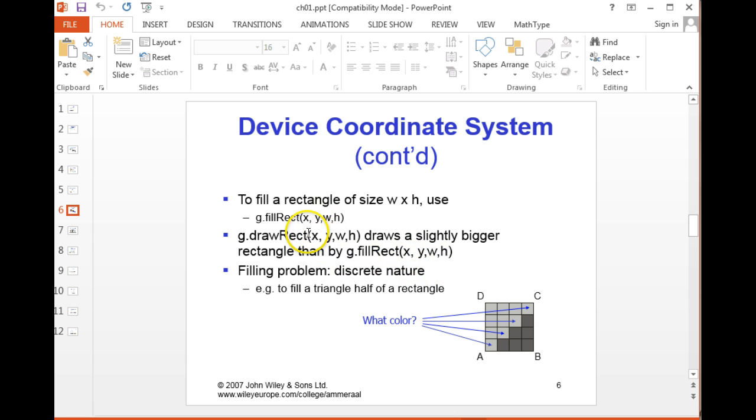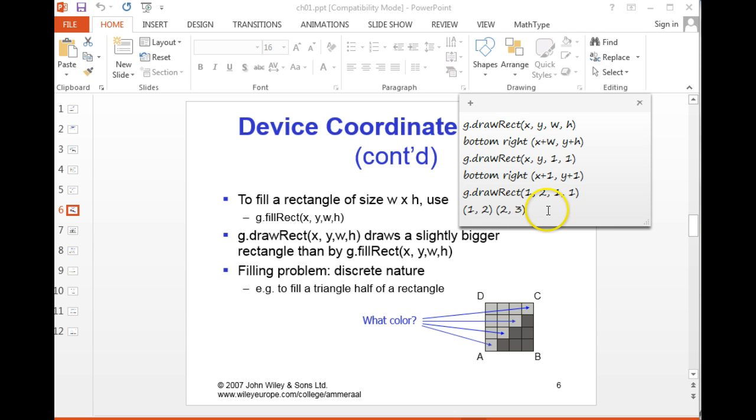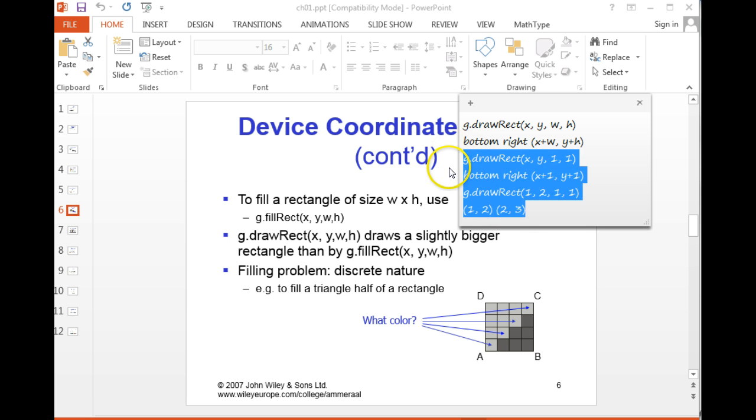So for fillRect, the bottom right: when we do drawRect, we saw the bottom right was x plus w, y plus h.